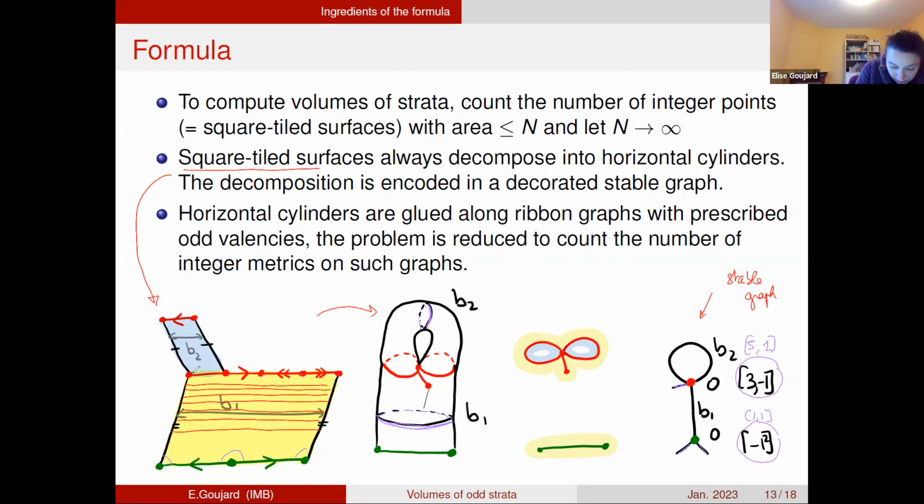What is the most annoying to compute is the number of choices for the lengths of all these edges, because all the other parameters are easy to control in a sense. But what you want to know is what are the choices that you have for these lengths, L1, L2, L3, etc. This is L2, L4.